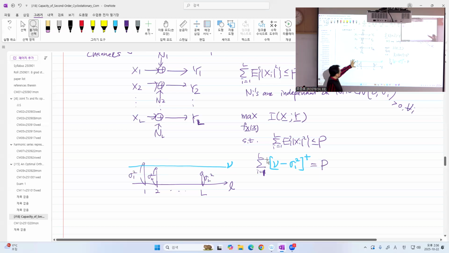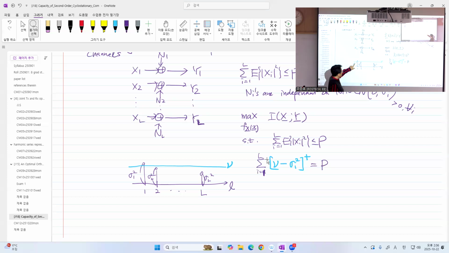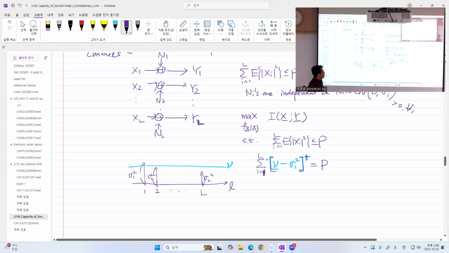So if sigma sub 1 squared is greater than nu, in this case this summand is 0, right? If sigma sub 2 squared is less than nu, then the argument inside the positive part is non-negative. So this difference serves as the depth of the water, from surface to the bottom.